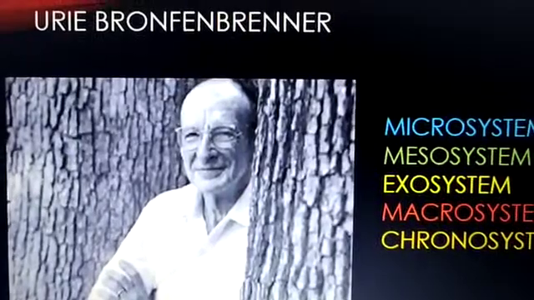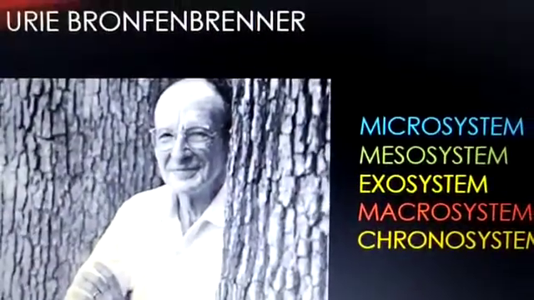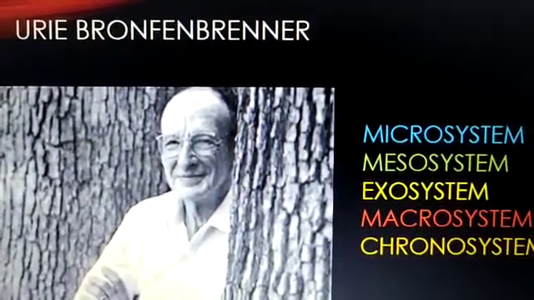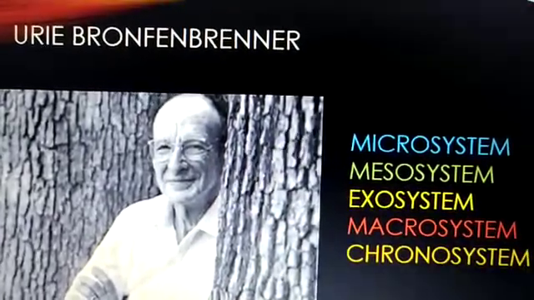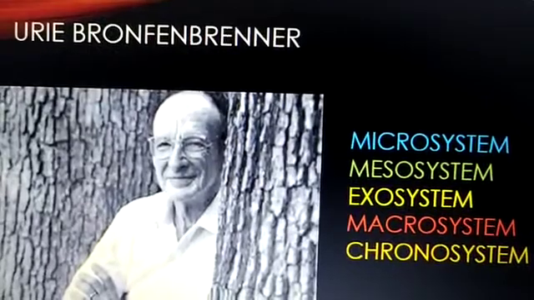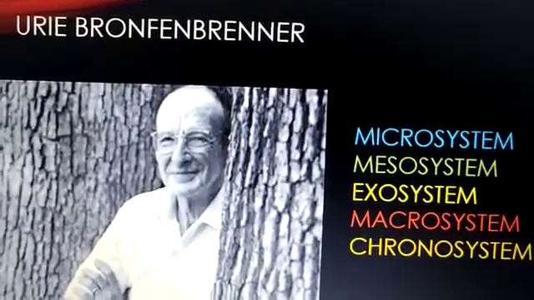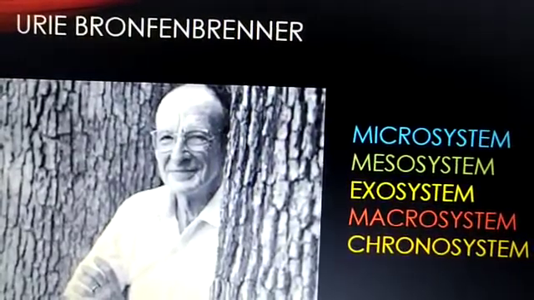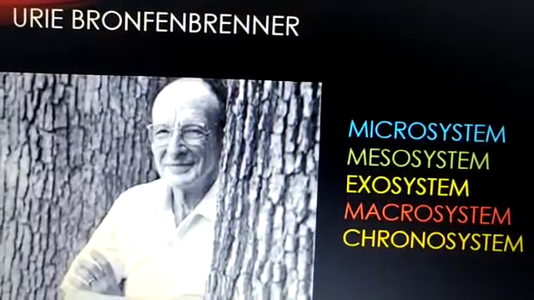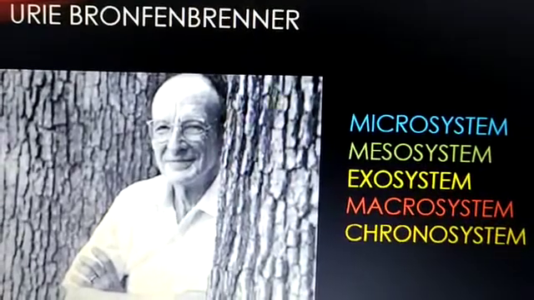The theory was published in 1979, and he believed that every person is influenced by different environmental demands. The theory emphasized the role of environmental factors in an individual's development, which consist of the microsystem, mesosystem, exosystem, macrosystem, and chronosystem. So these are the five environmental systems which contribute to the development of an individual.